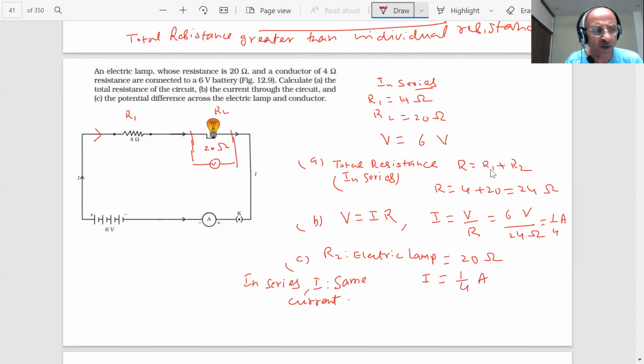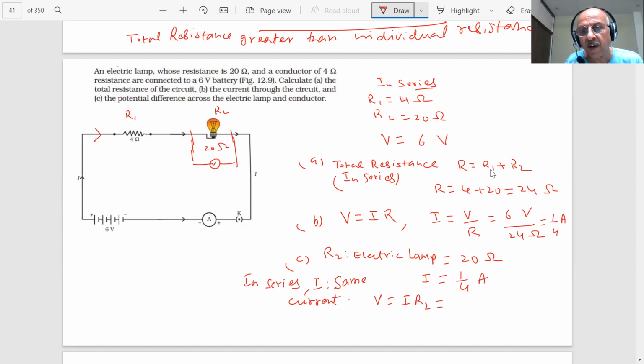Now what do you want to find out? V. How will you find V? What is the formula? V is equal to I into R2.